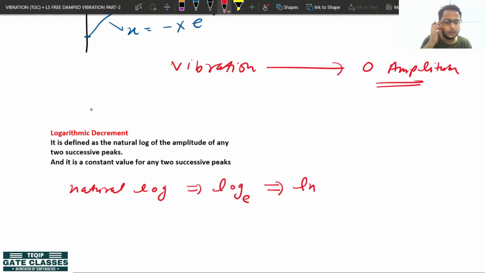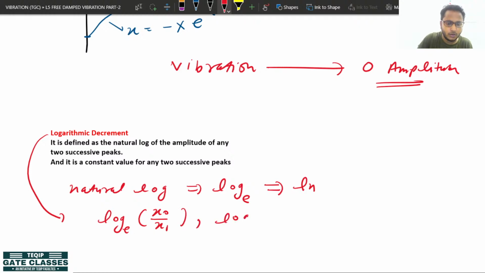Okay, so according to the definition, the logarithmic decrement is the log of base e of the ratio of two successive peaks, meaning ln of x naught upon x1, or ln of x1 upon x2, or we can write ln of x2 upon x3 and so on, right?